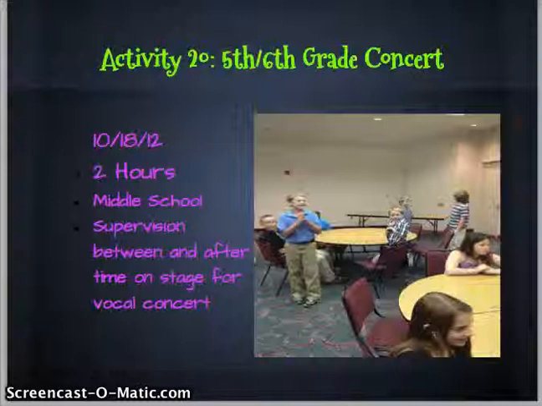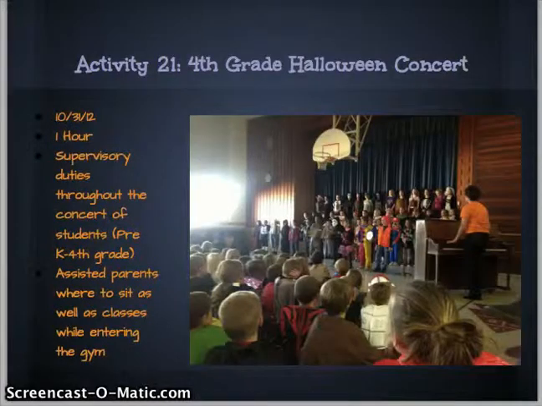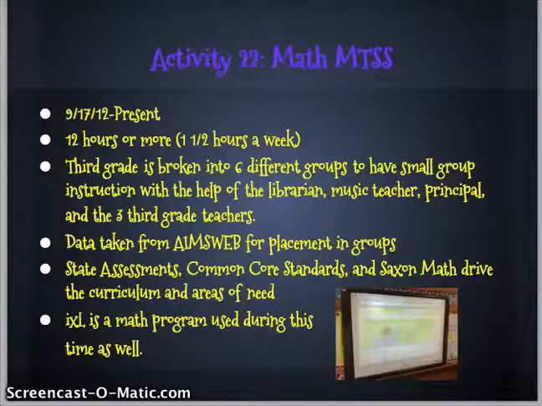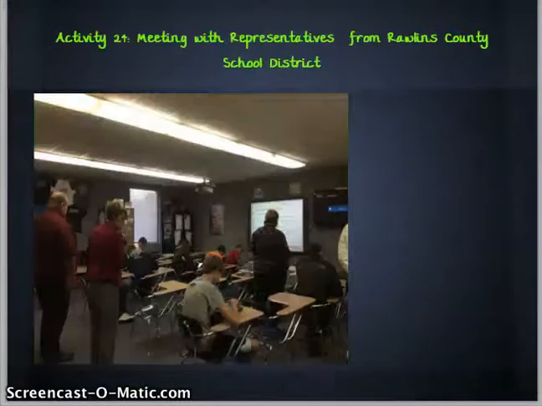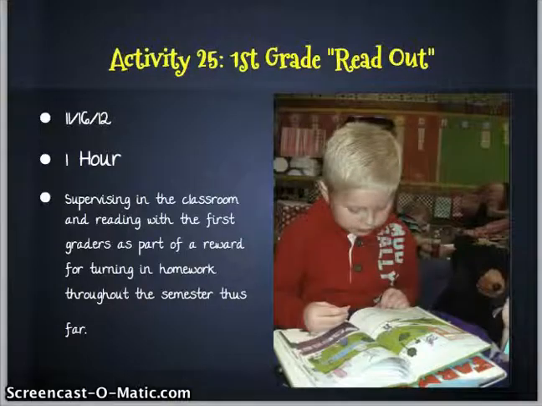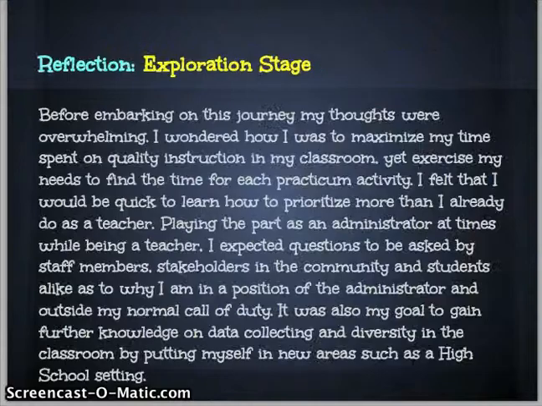5th and 6th grade concert. 4th grade Halloween concert. Math MTSS. Social Studies curriculum review. Rawlins County members came in and checked out our one-to-one iPad system that I had to go help and do kind of a question-answer series with them. And activity 25 is the 1st grade readout, and there's my son reading away.